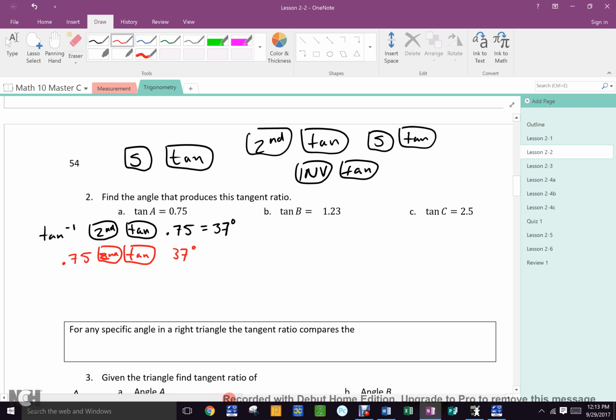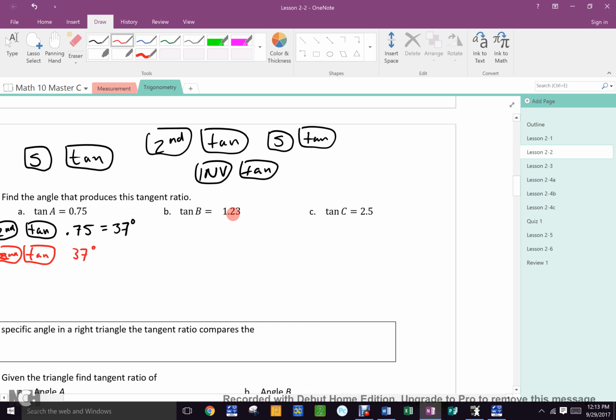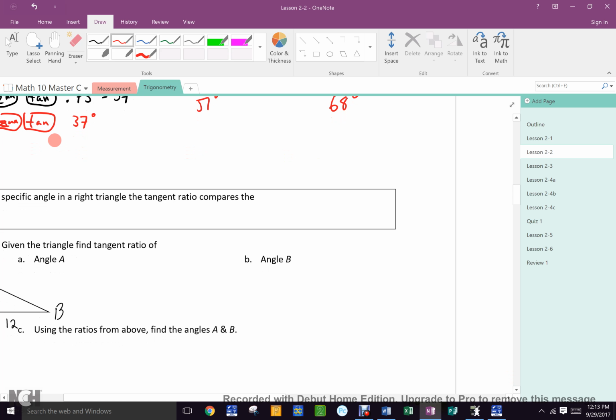Awesome. Now use your new knowledge to tell me the angle for 1.23 and the angle for 2.5. 51 degrees and 68 degrees. Could everybody do that? Yes. Excellent. So now, in this blank space here, please write the following. Tan finds the ratio.